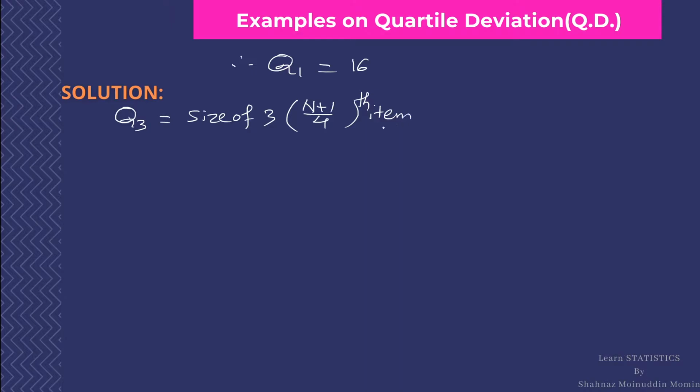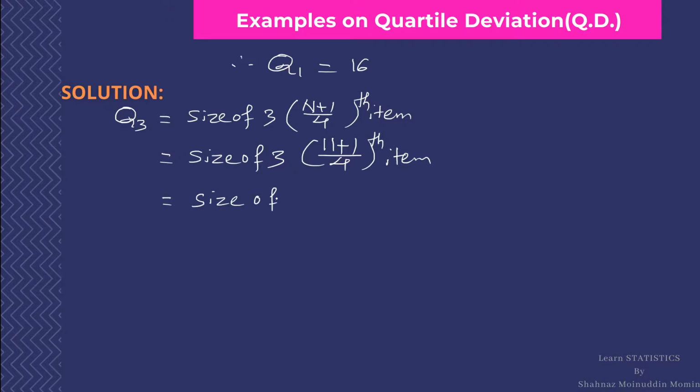As we are given 11 items, it is size of 3 into (11 plus 1) upon 4th item. 11 plus 1 by 4 is 12 by 4, that is 3, and multiplied by this 3 is equal to 9. So it is size of 9th item in the arranged data.